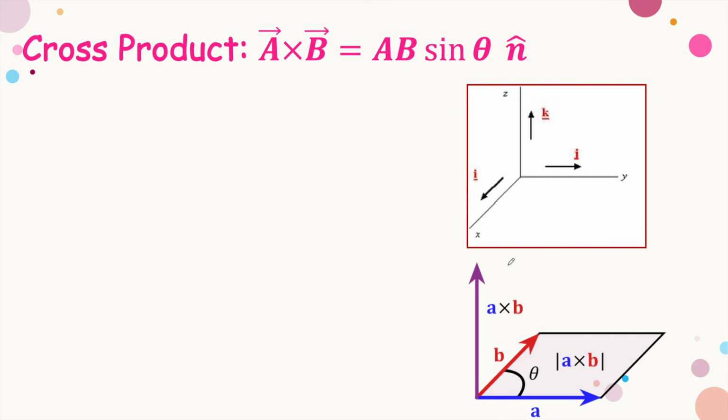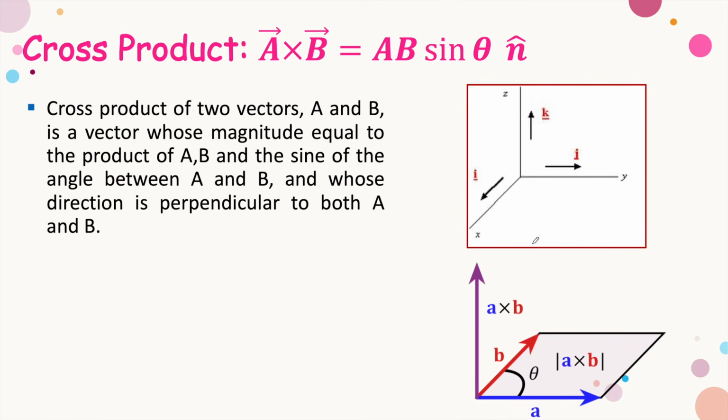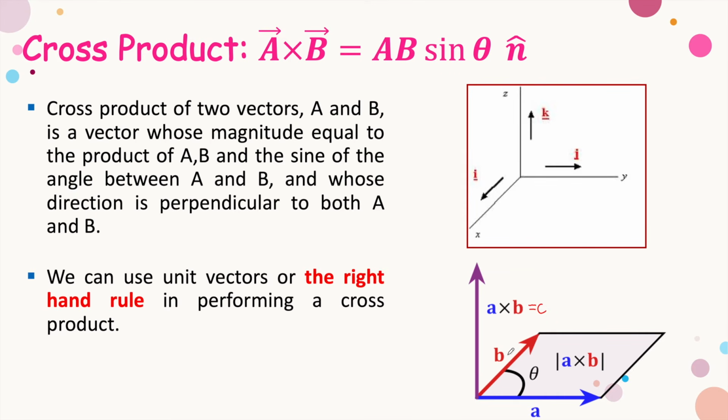As a review from your vector analysis in the previous videos, if you take the cross product of two vectors, the result is also a vector quantity. Let's call this one the C vector. The magnitude of the cross product would be the area of this parallelogram, and at the same time, the vector product is perpendicular to your A and B vectors. And there are other ways to find your cross product.